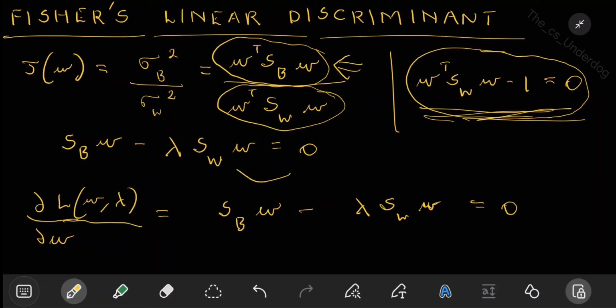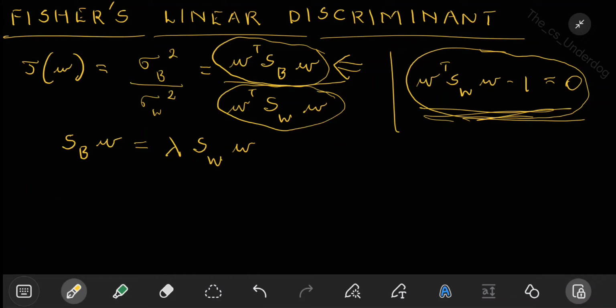If you take this thing to the RHS, you will get SB into W equal to lambda SW W. And from here, if I take SW to the left hand side, what will I get? SW inverse SB into W is equal to lambda W.